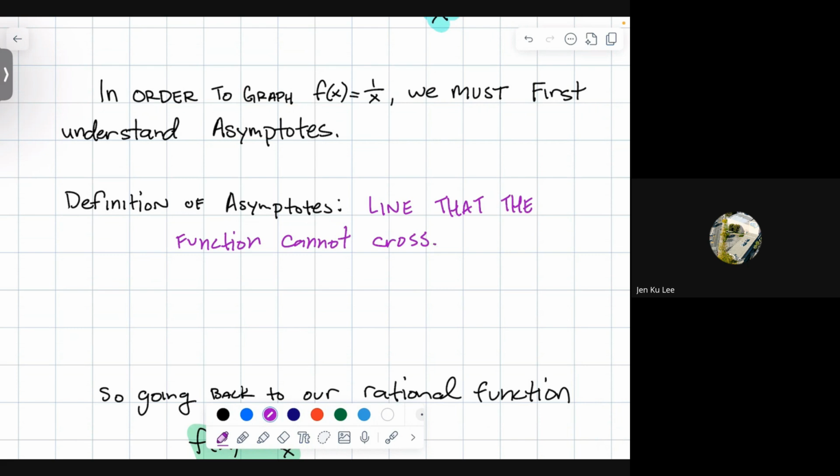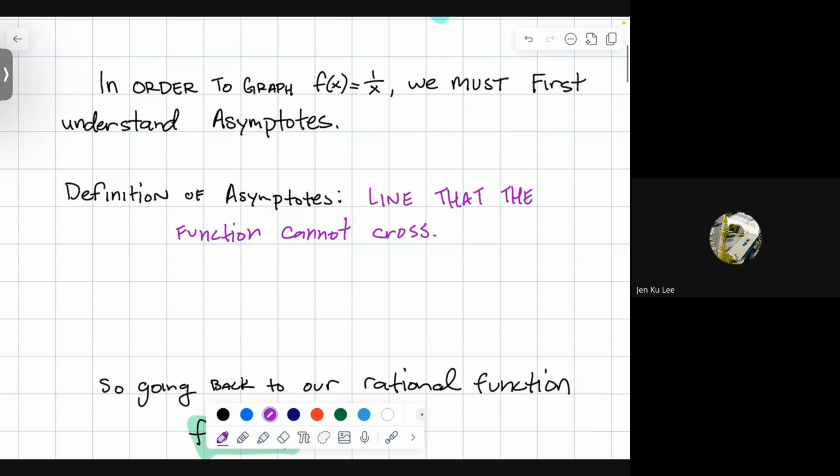Okay, we're gonna debunk that definition in our second lesson. But for now, it's a line that the function cannot cross. So it acts like a fence or a wall. Okay, so you guys can imagine it's a fence or a wall.